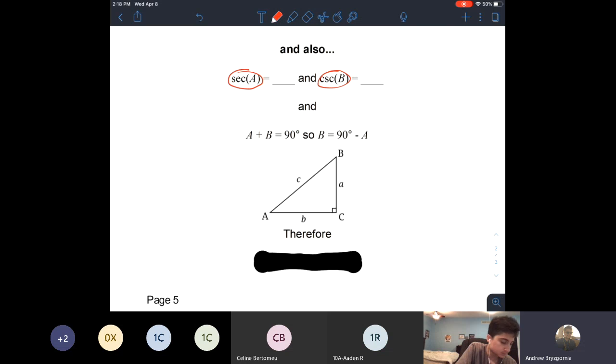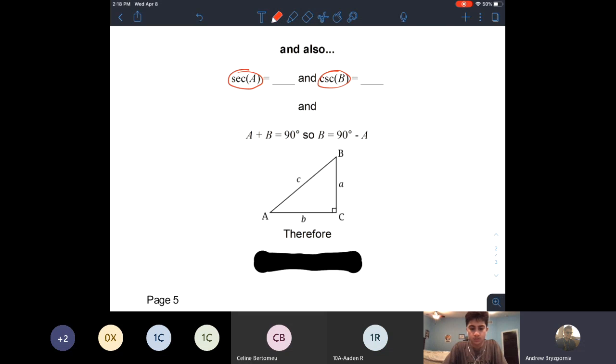What is an alternate way to write cosecant? Is it C over B? Yes, there we go. Good.